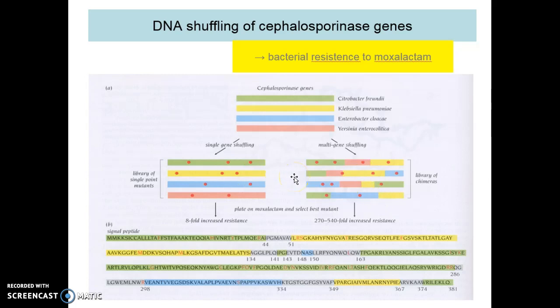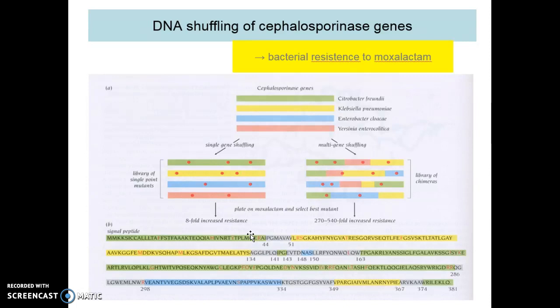These mutant genes were transformed into bacteria and screened for resistance to the antibiotic. The most active mutant increased resistance by 540-fold over the wild-type genes.